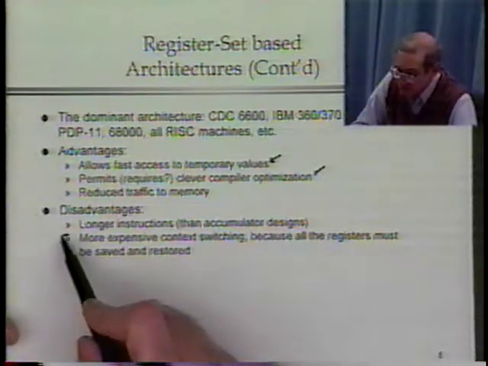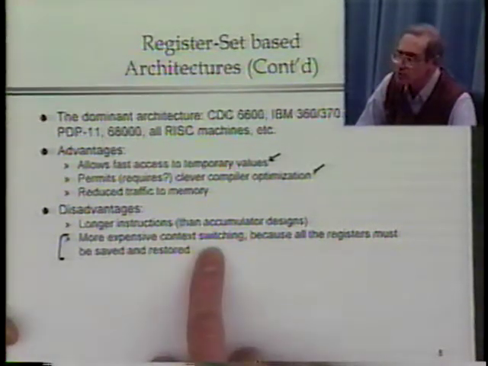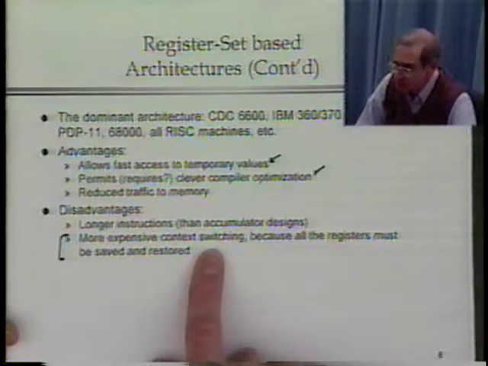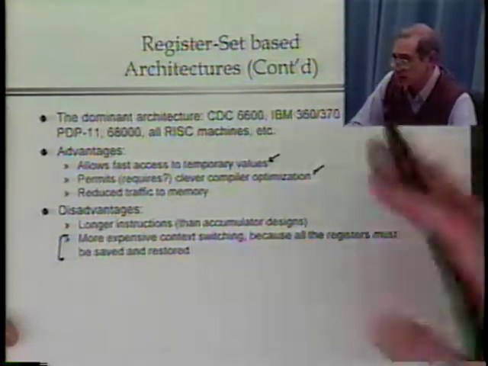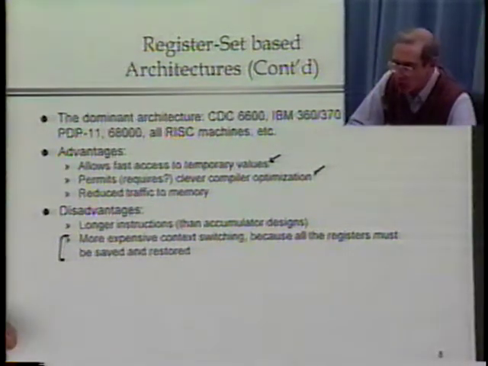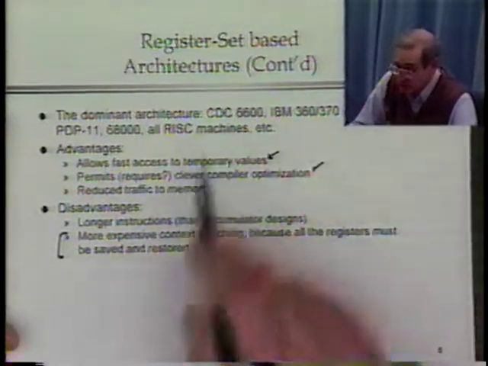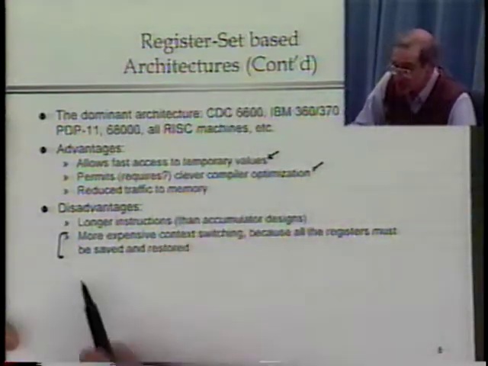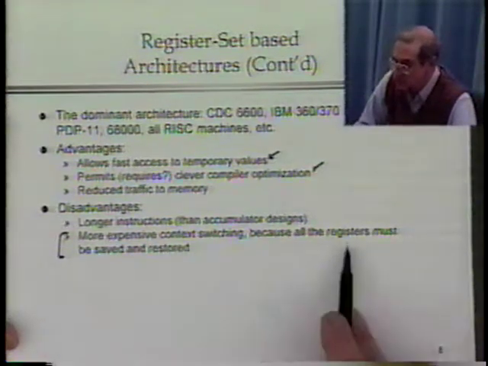The other problem, which can be a big problem or a small problem, is that now context switching is more expensive. Remember that all computers these days run multiple jobs or multiple tasks at the same time and periodically have to switch from one to the other. That switching involves saving all of the machine state that currently is not in memory. Well, in a register-to-register or in a register set-based architecture, that machine state includes all of the registers.